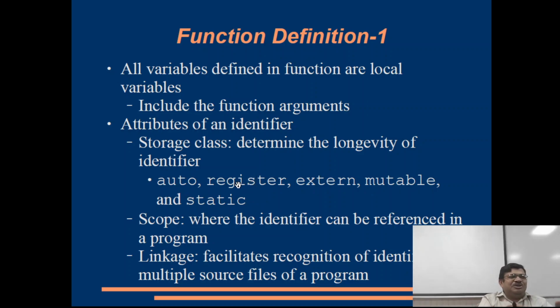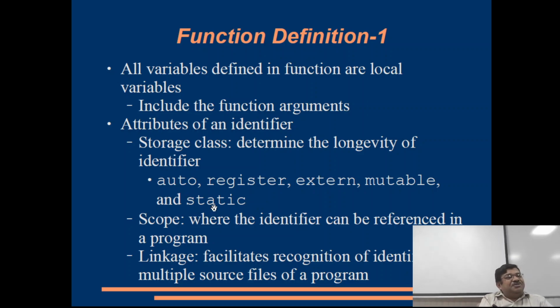Register is just a request to find and accommodate this in a high speed location. If high speed storage is not available, this request is ignored. That's all. Extern is an identifier external to the function. But static is important.